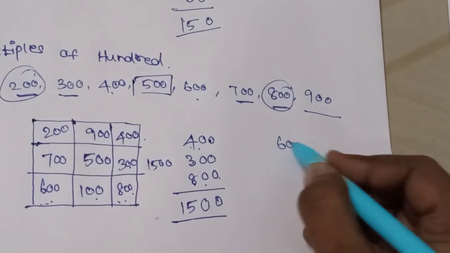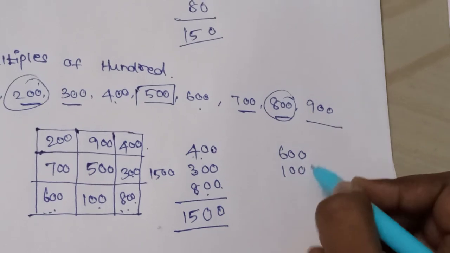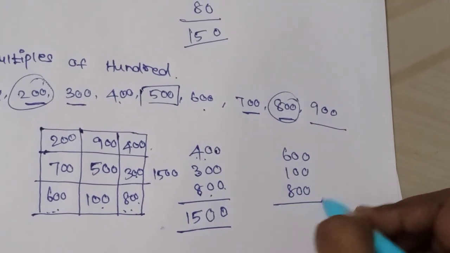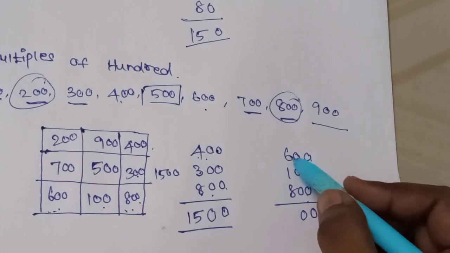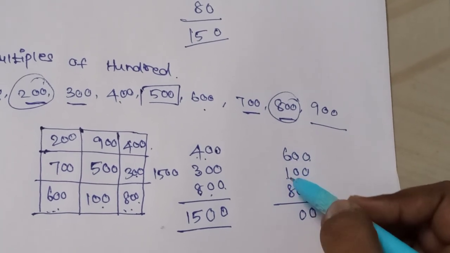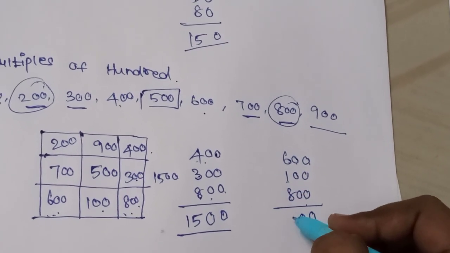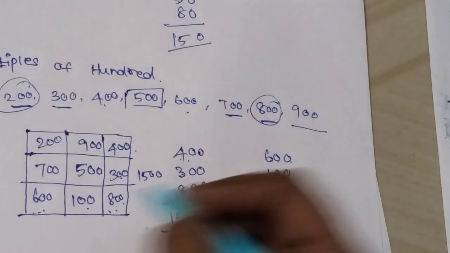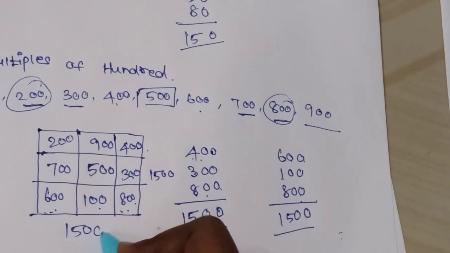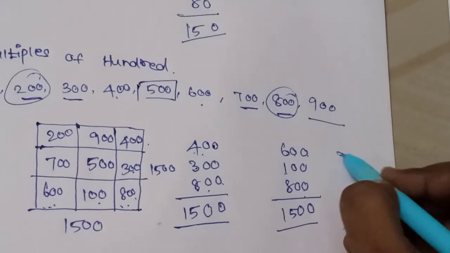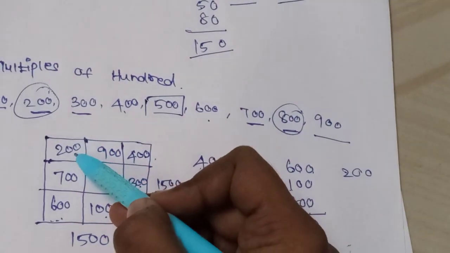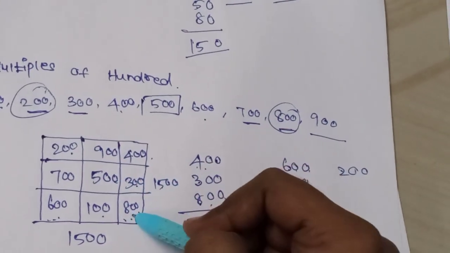Now we are going to add this last row: 600, 100 and 800. For the zeros we write 0. 6 plus 1, 7. 7 plus 8, 15. So this is 1500. Now we will check with the diagonal: 200, 500, 800.